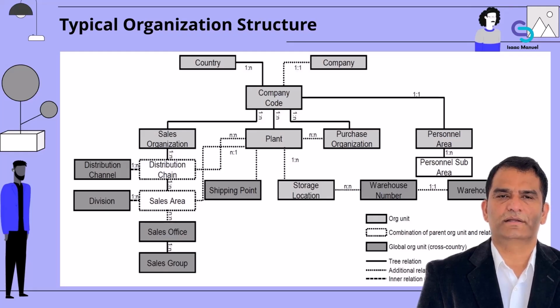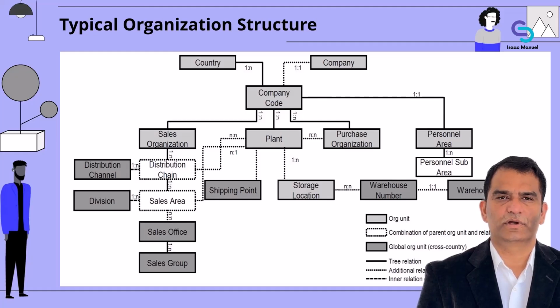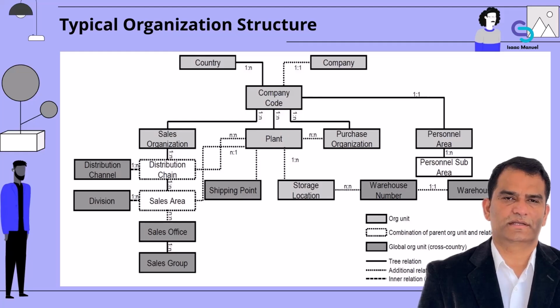Within each plant, production planning areas and storage locations facilitate the tracking of material availability, supporting smooth transitions from raw materials to finished products. Plants manage their production through work centers, known as production areas, which ensure resources and equipment are optimally utilized.